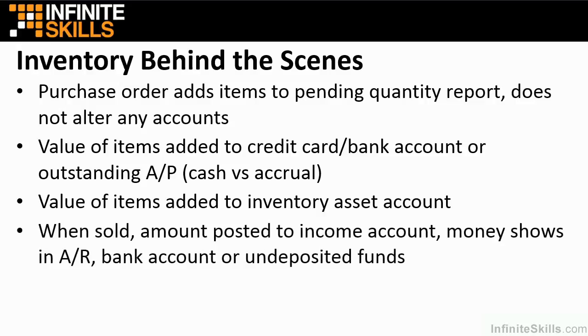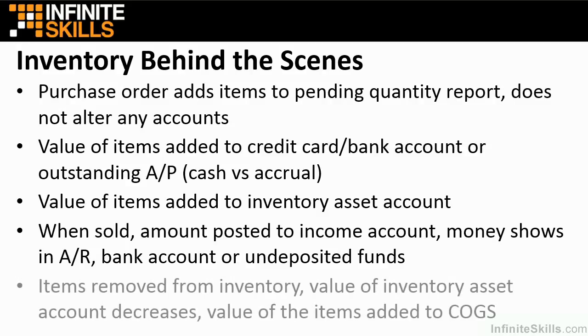Eventually, we hope that we do sell them, and actually, we hope it's sooner rather than later. When that happens, the amount of the sale is posted to the income account. The money shows up in the accounts receivable, the bank account, or the undeposited funds because our customer paid us for the transaction. When items are sold, it also means that those items need to be removed from our inventory.